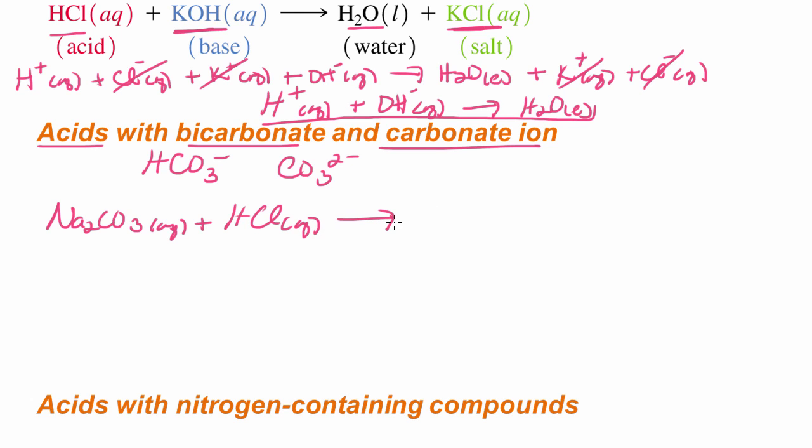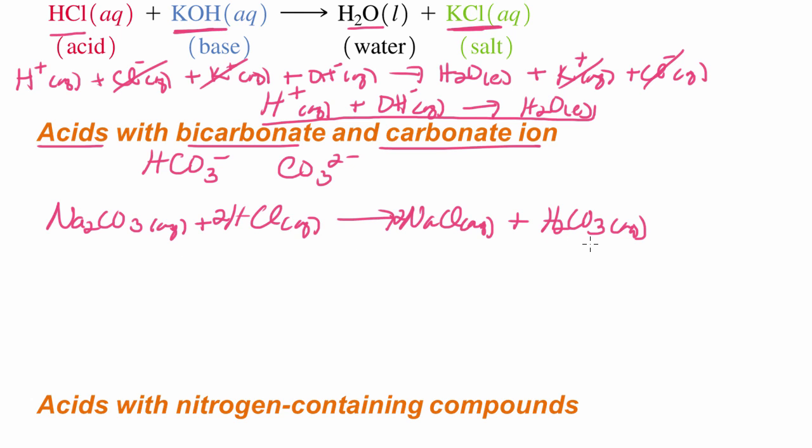And basically what's going to happen here is we're going to have obviously sodium chloride, which is a salt, and the formation of what we call carbonic acid. And let me go ahead and balance this. We have two of that. So this is balanced.